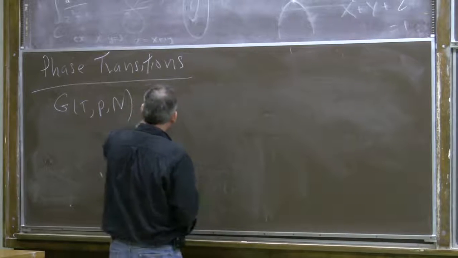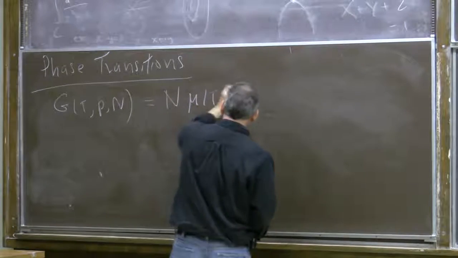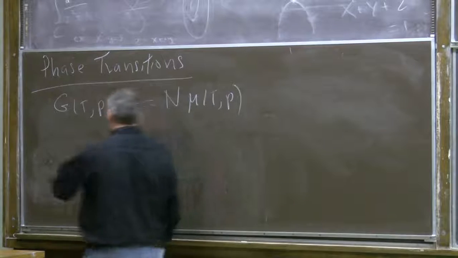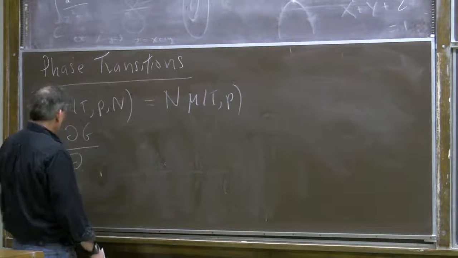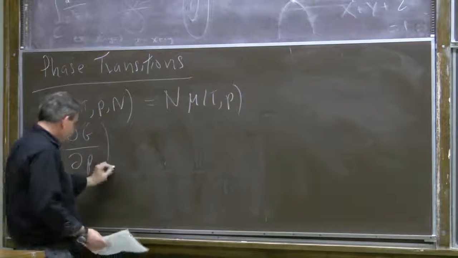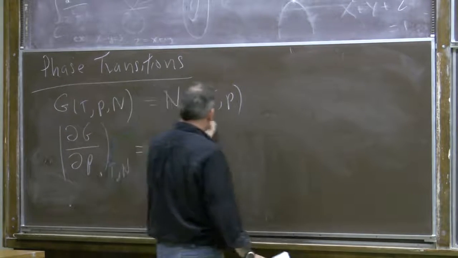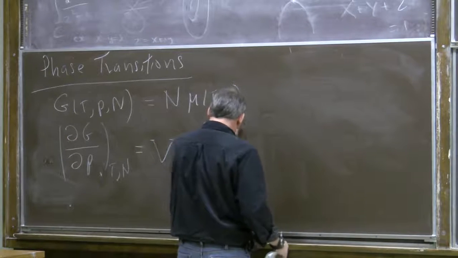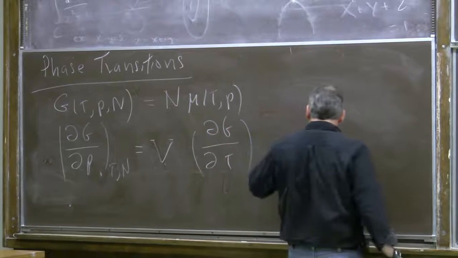We know it can be written as particle number times chemical potential, depending just on temperature and pressure. The thermodynamic identity told us that if we differentiate the Gibbs free energy with respect to pressure with temperature and particle number fixed, that's equal to the volume. And derivative of chemical potential with respect to temperature with pressure and number of particles fixed is equal to minus entropy.